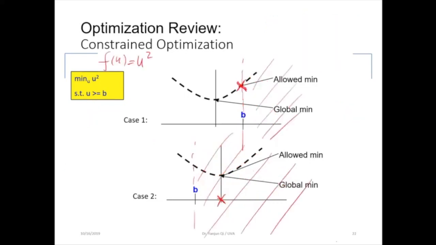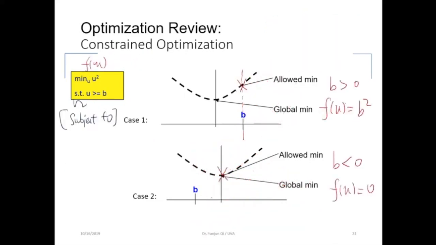All right, so I showed you this. In the first case, the best U is b, and the best objective value is b quadratic. In the second case, the best U is 0, and the best objective function value is also 0.